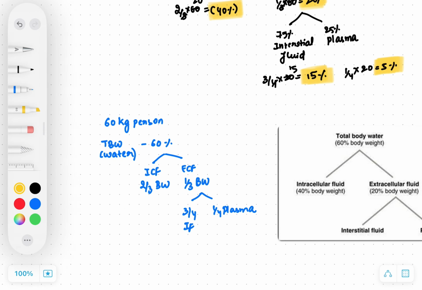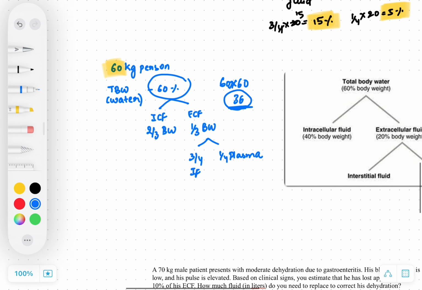Whenever we take a person of 60 kgs, total body water will be 60% of 60 kgs, which is 36 liters. Out of the total body water of 36 liters, 2/3 is ICF: 2/3 of 36 is 24.